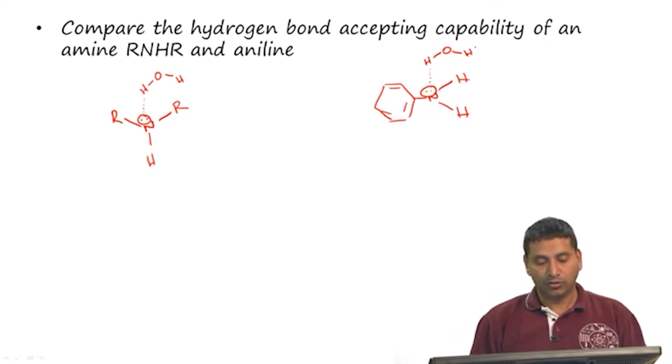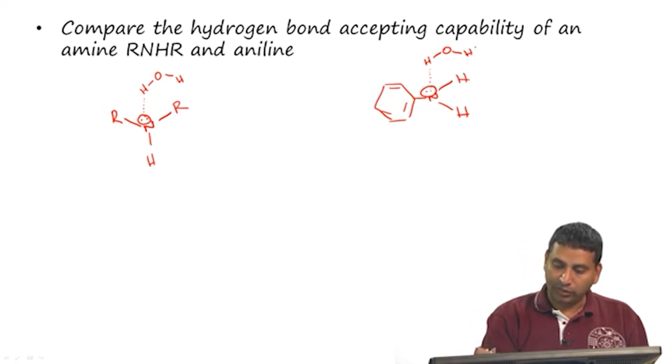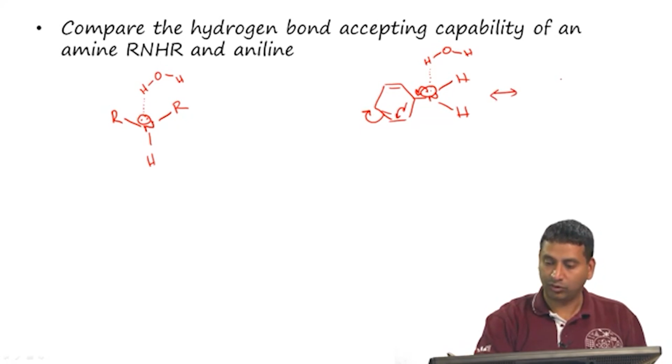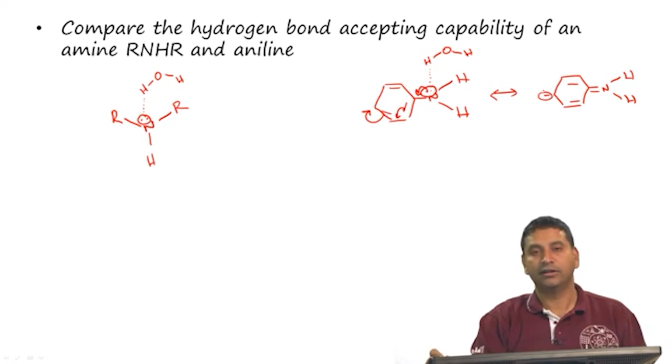Okay. So, if I have to compare these two, then there are certain characteristics that we need to understand over here. The first thing is that in aniline, since the nitrogen is attached to the aromatic ring, it is quite possible that it is going to interact with the aromatic ring. So, the way this might happen is that you may have some sort of a resonance form that one could draw, where you have a negative charge inside the aromatic ring.